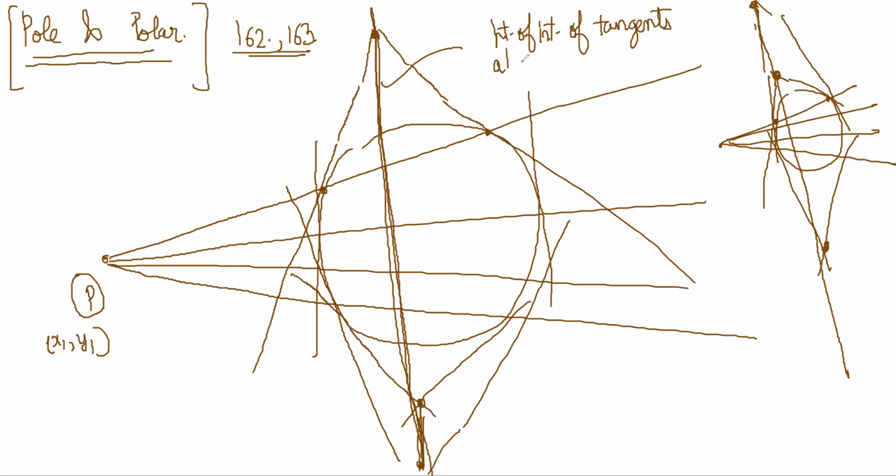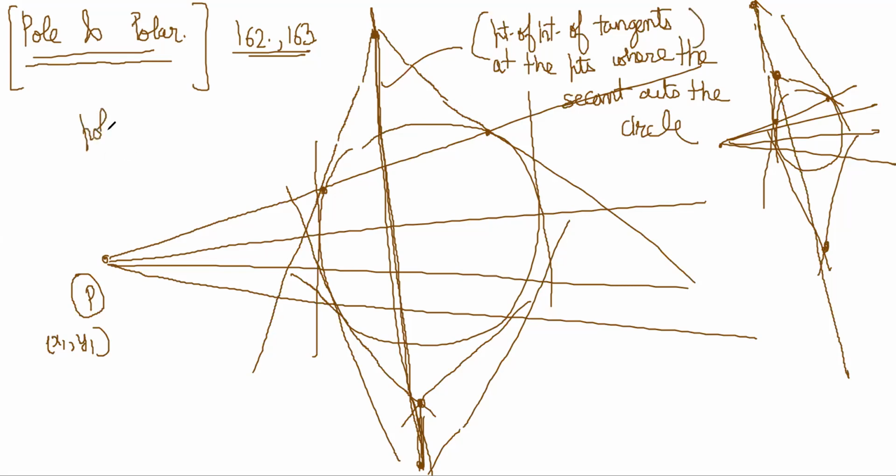at the points where the chord cuts the circle, at where the secant cuts the circle, this line is called the polar of the point P. And the polar is basically a line equation. Polar is a line.